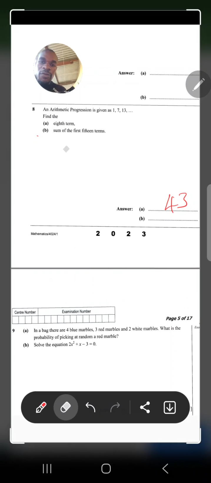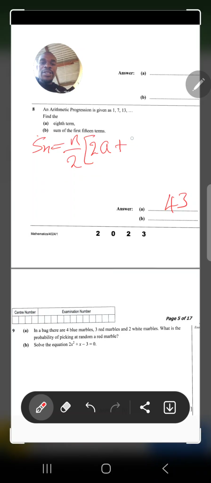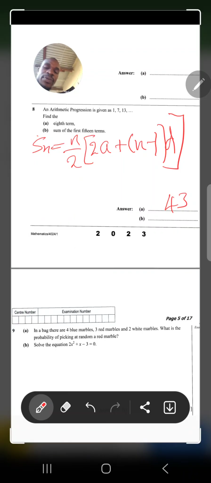Okay, so we are going to find the sum of the first 15 terms. The sum of n terms is equal to n over 2 open square bracket 2a plus (n minus 1) multiplied by d, close square bracket.